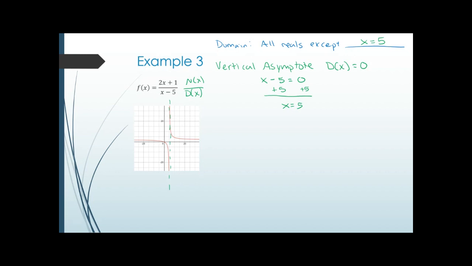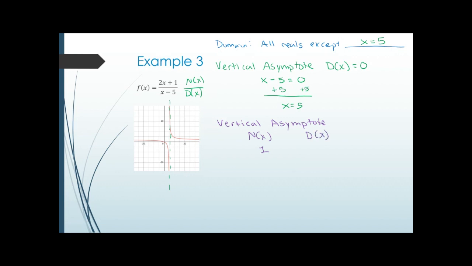Next, we want to do the horizontal asymptote. And looking at the graph, you can see that it's not going to be at 0 because where it starts to look horizontal is above the x-axis. So for the horizontal asymptote, you need to look at the degree. The degree of n of x is linear, so that is 1.